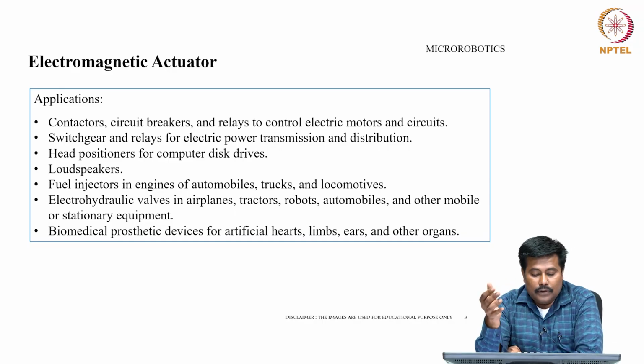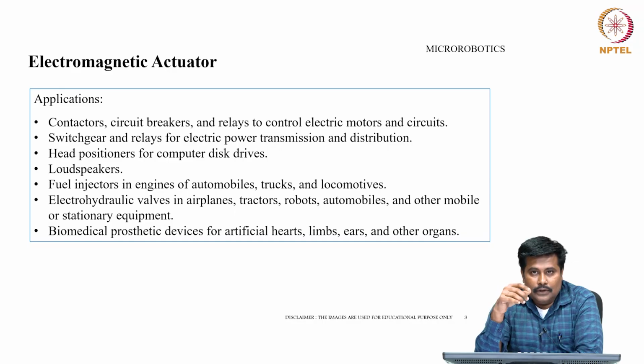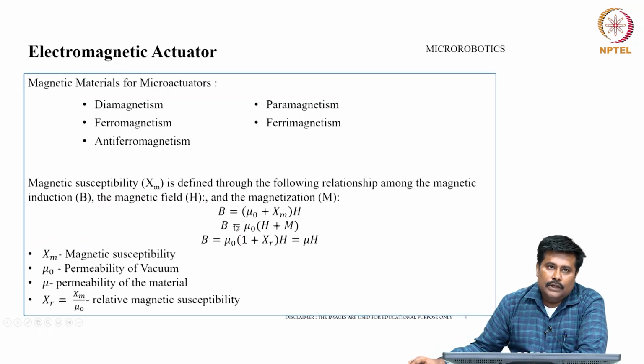It is used in fuel injectors in engines, automobiles, trucks and locomotives, and in electro-hydraulic valves in airplanes, tractors, robots and other mobiles. In biomedical prosthetic devices also, for artificial limb, heart, ear and other organs, such electromagnetic actuators are efficiently used.